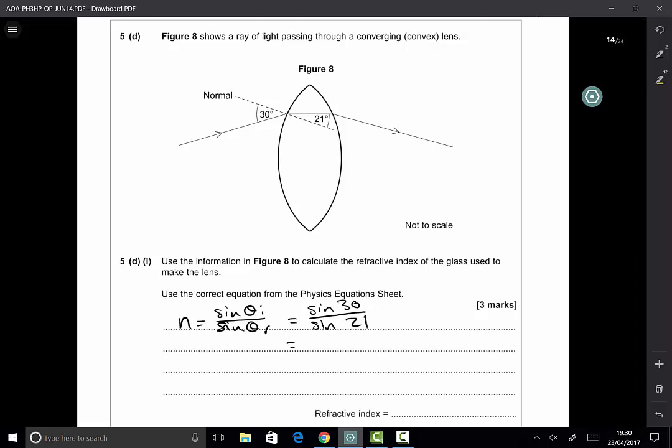You need to make sure your calculator's in degrees to do this. And that gives me an answer of 1.39, so we'll call that 1.4.